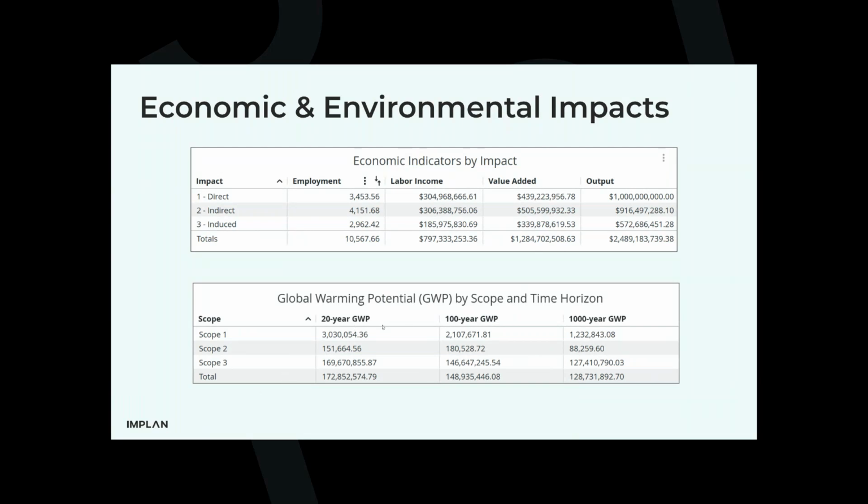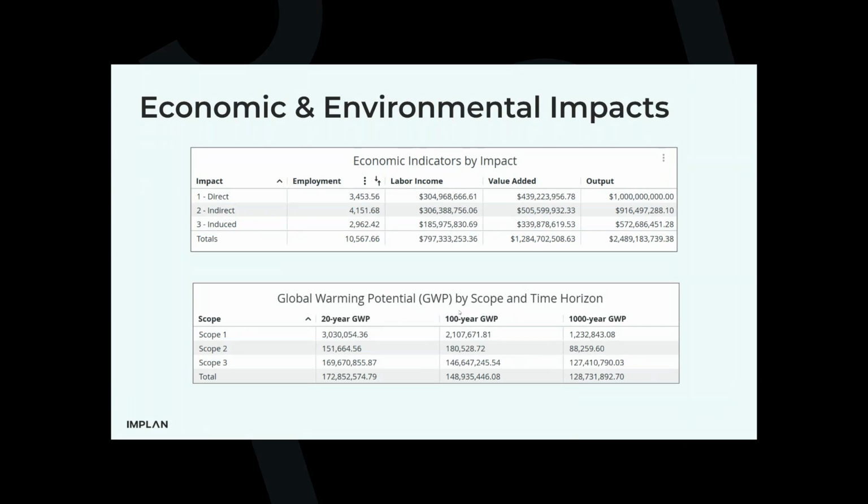So what we're doing here is converting all those different chemicals. You can imagine carbon dioxide, of course, has a ratio of 1 because we're converting everything into like units of carbon dioxide. But things like methane have more potency than carbon dioxide when it comes to global warming potential. And those different chemicals have different levels of global warming potential depending on the time period because of how those chemicals break down over time.